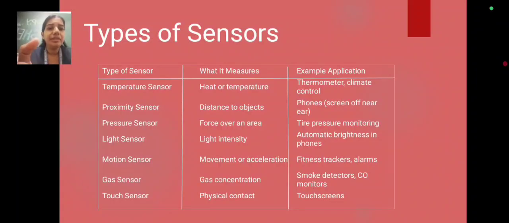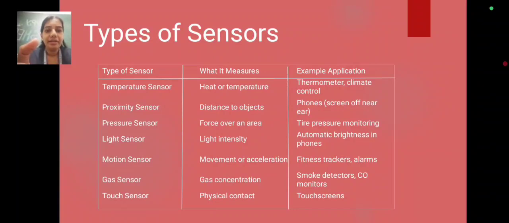The example is thermometer or climate control. The proximity sensor measures distance to objects and the example is phones, where the screen turns off near the ear. Third is the pressure sensor, which measures force over an area, and the example is tire pressure monitoring.